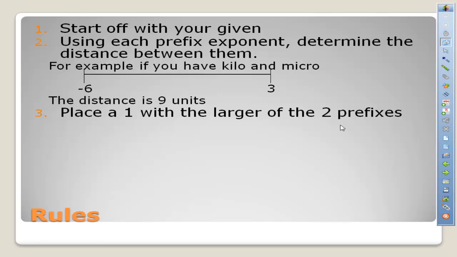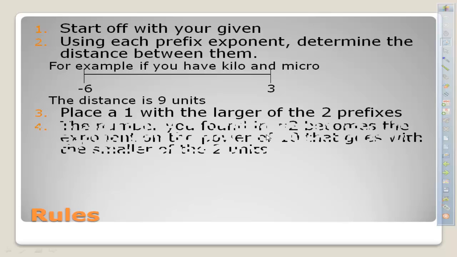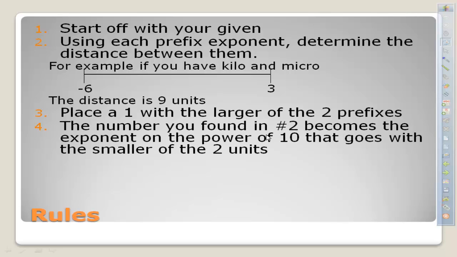When I'm looking at kilo and micro, kilo is higher on that chart, or kilo is a bigger prefix. So when I do my dimensional analysis, the prefix kilo is going to get the 1. Number 4, the number you found in number 2 becomes the exponent on the power of 10 that goes with the smaller of the two units, or the smaller of the two prefixes.